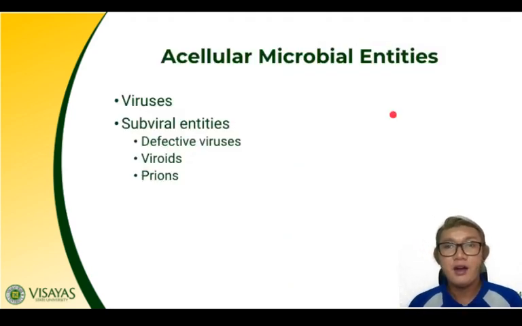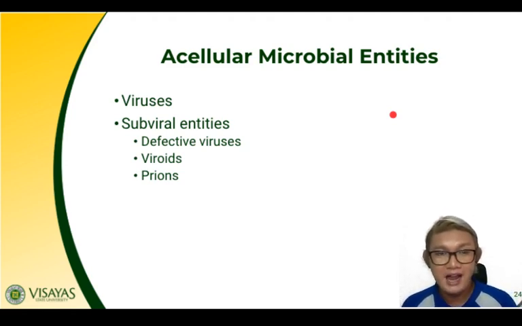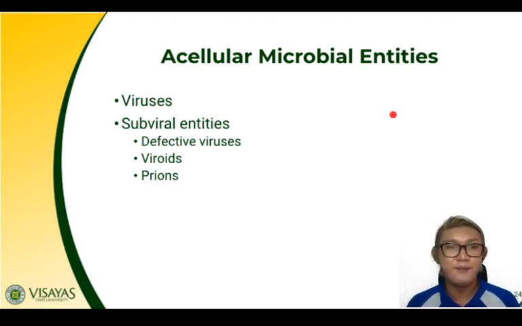Now, if there are cellular microbial entities, there are also what we call acellular microbial entities. Acellular, if you notice, has the prefix a, meaning they are devoid, or there is an absence. So these microbial entities are not composed of cells. They do not really have organismic characteristics, and they are not even considered microorganisms.